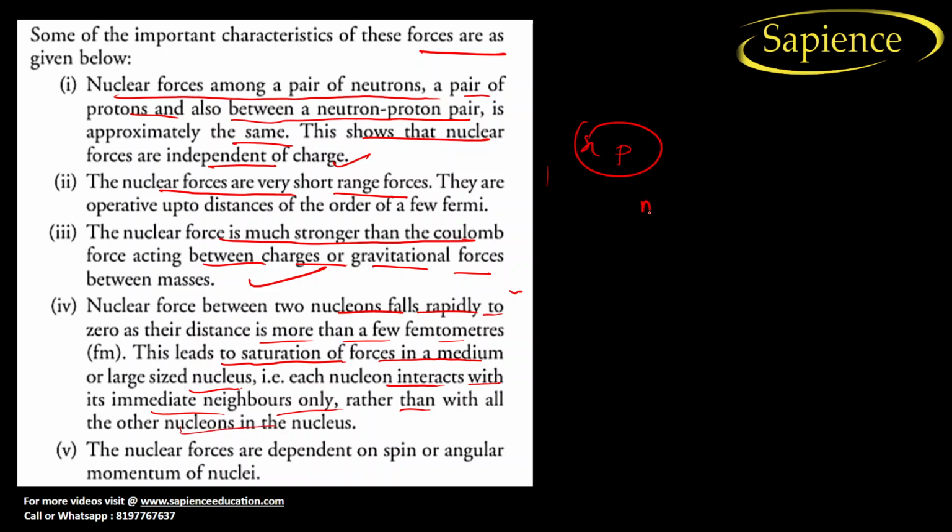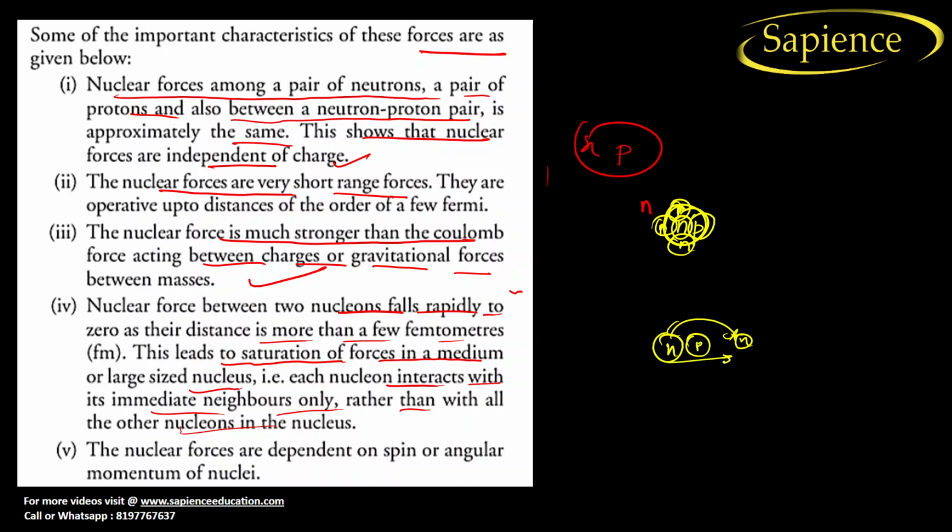So it means that, let us consider this is a neutron and on this side there is a proton. It will only get attracted by the nuclear force, which is at short range. It means it will only interact with its neighbor. If a neutron is here, and there is a proton, and there is again a neutron, there will be no attraction or repulsion between the two outer ones.